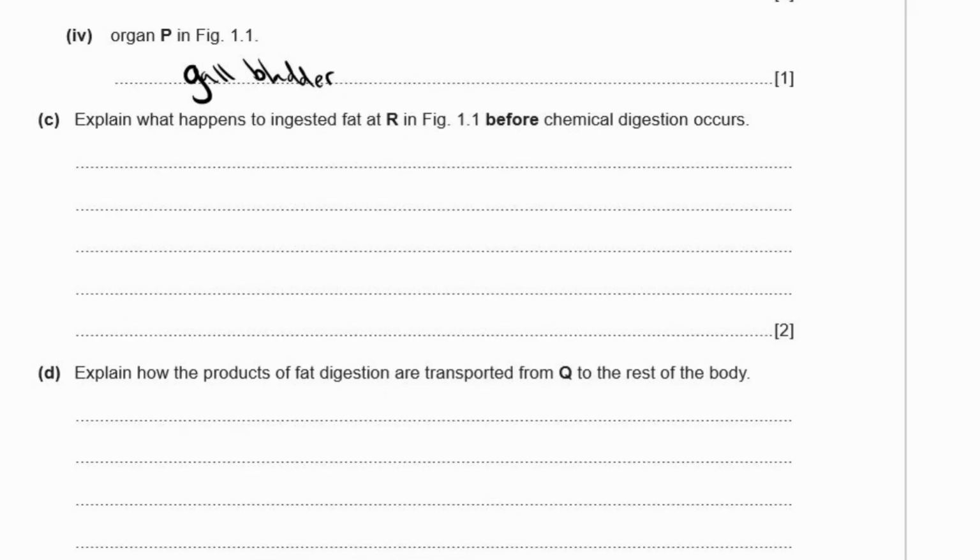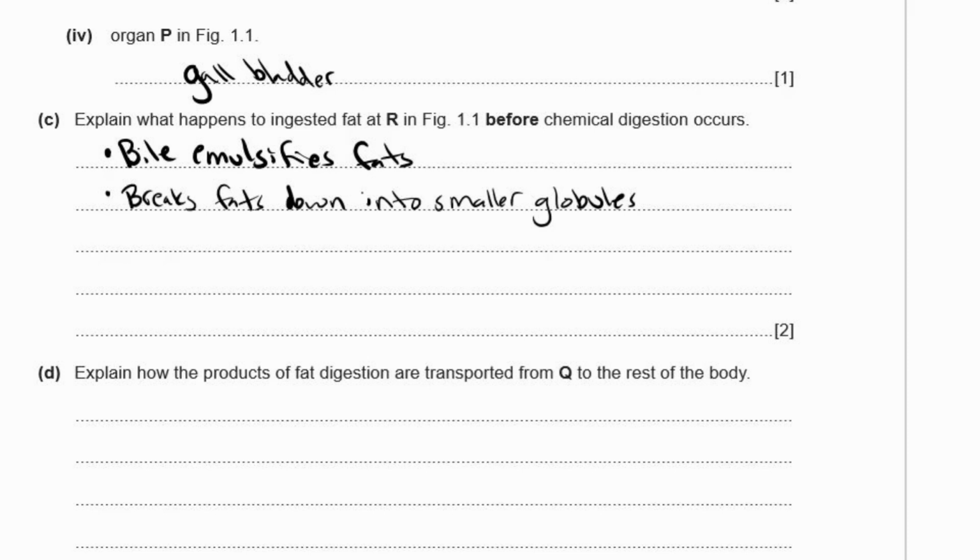So the bile emulsifies fats, and that means it breaks the fats down into smaller globules. What this does is it increases the surface area to volume ratio, and that is one of those key words that comes up a lot in this topic and in a couple other topics. Okay, and the reason why it increases the surface area to volume ratio is because it allows the enzymes, the lipases, to chemically digest afterwards.